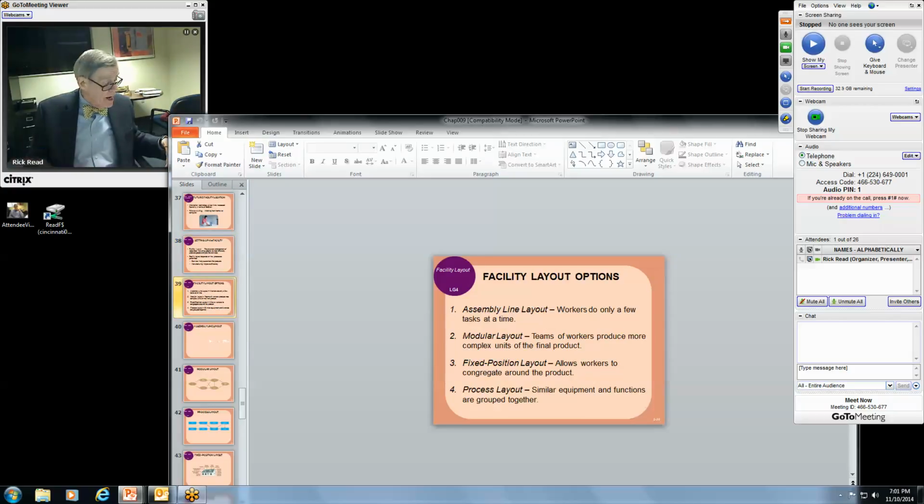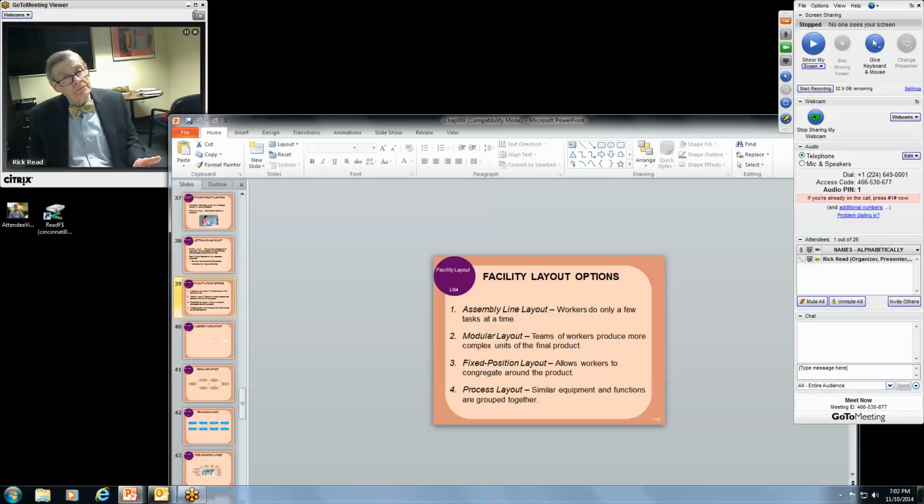Now there are different kinds of facility layouts, and we can see these pretty much graphically displayed in figure 9.2 on page 248. The assembly line, where workers do a few tasks at a time and pass it down the line.